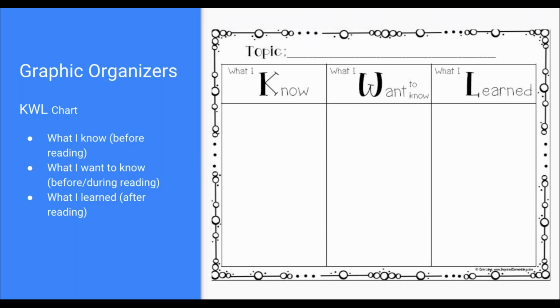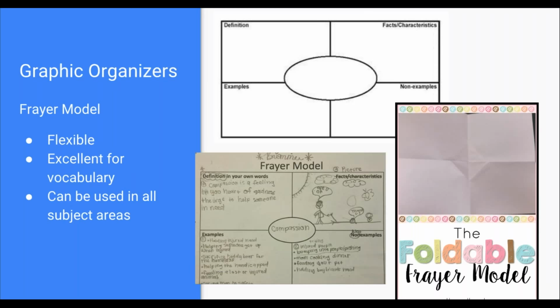Again, graphic organizers are just a good way of assisting in reading comprehension or organizing your thoughts. And again, visualizing for the student what they're actually doing and working them through it, what we would say we do naturally, just making it more cognizant for them.